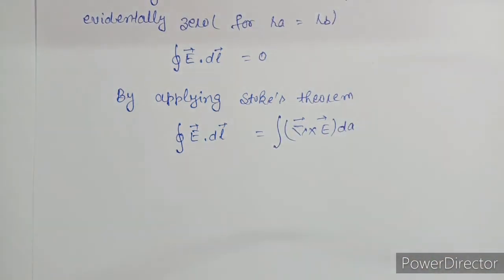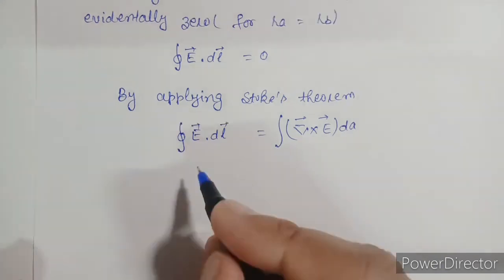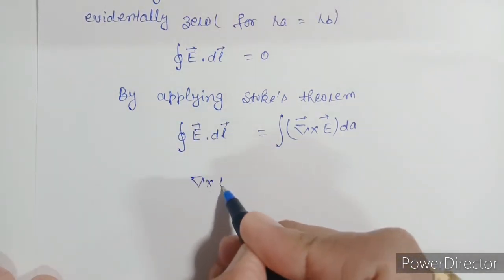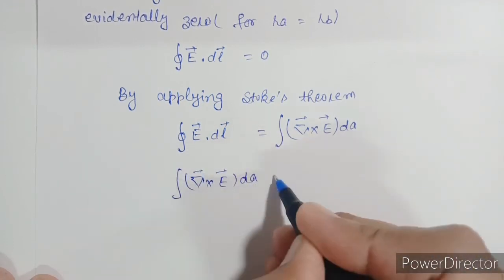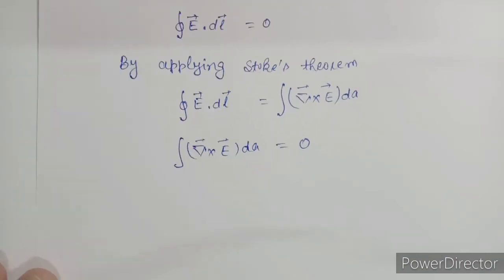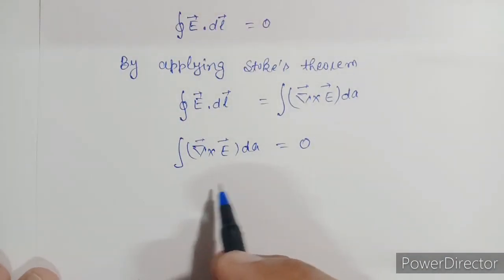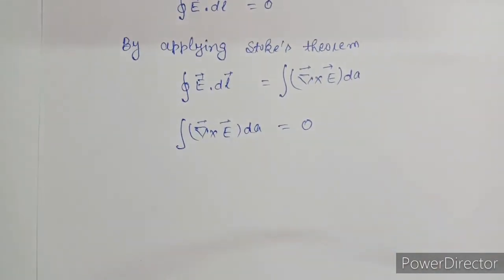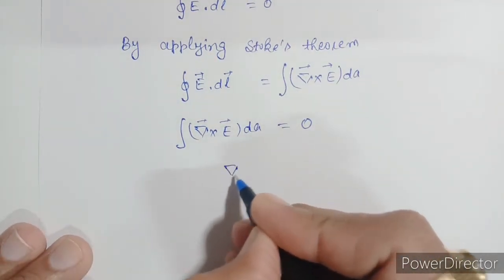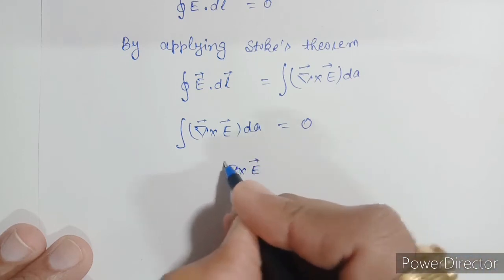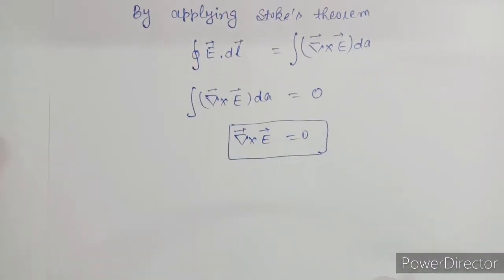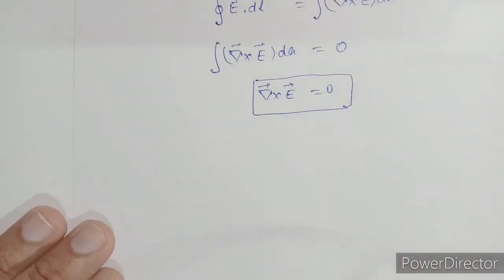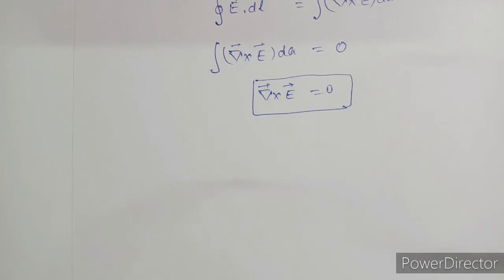Or we can write the integral of del cross E dA is equal to 0. Okay, so now we will eliminate the surface integral. When we eliminate the surface integral, we can write del cross E is equal to 0. So this is the case when we have a single charge.